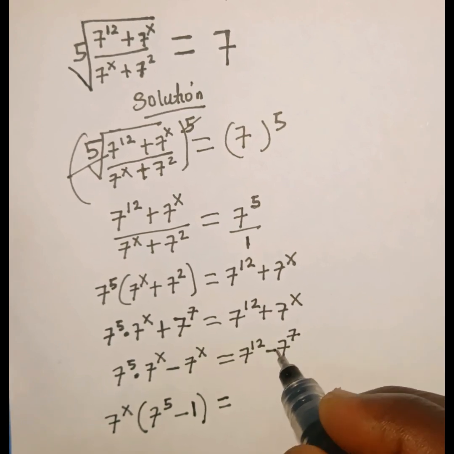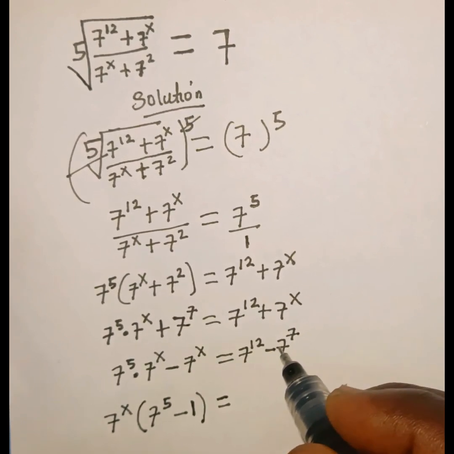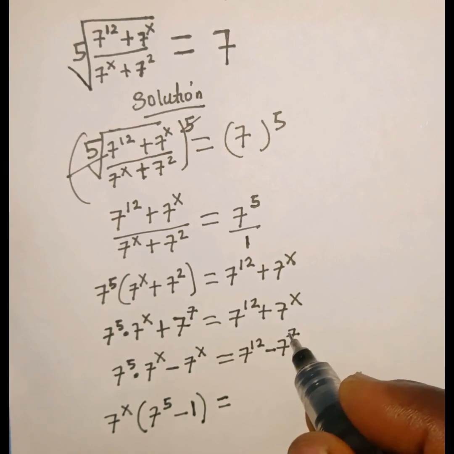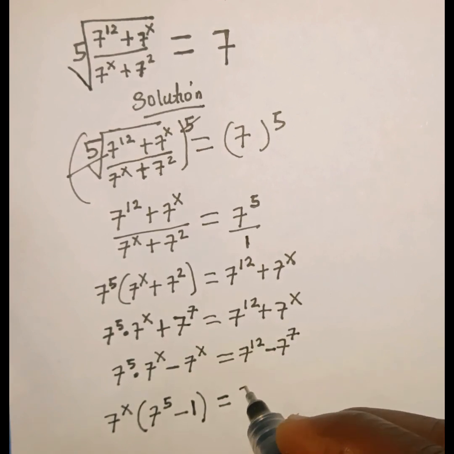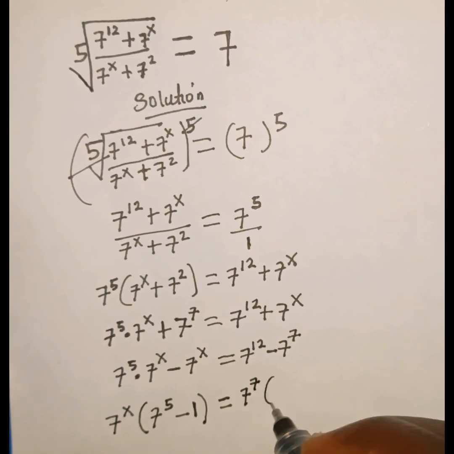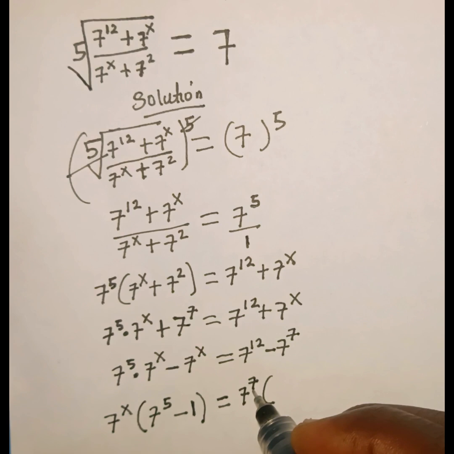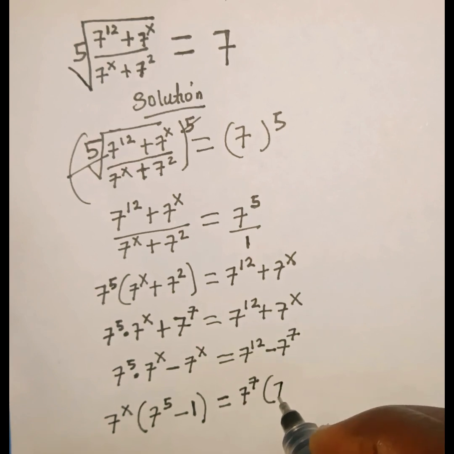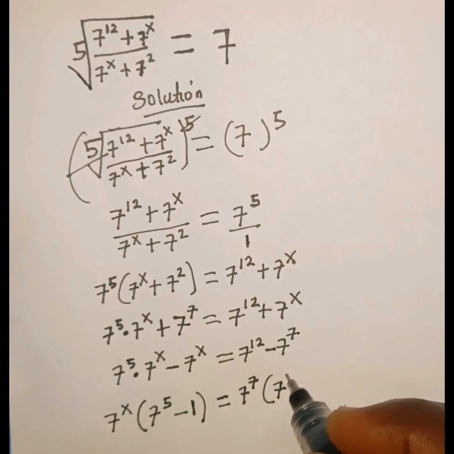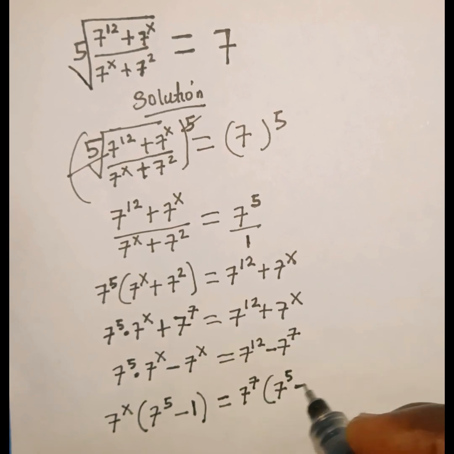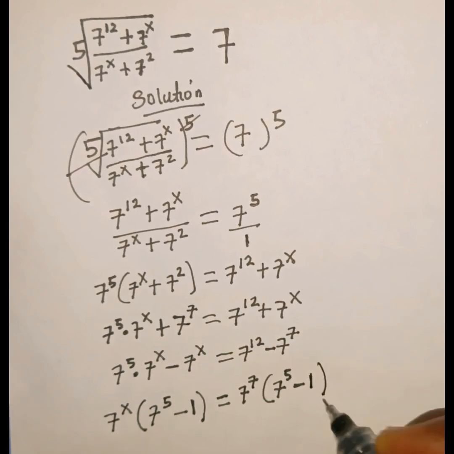Since the bases are the same, the one that is least, 7 to the power of 7, we are going to factor out, because this can go into this. So we factor out 7 raised to the power of 7, and 7 raised to the power of 12 divided by 7 raised to the power of 7. We just subtract the powers. So it's going to be 7 raised to the power of 5 minus 7 to the power of 7 divided by 7 to the power of 7, which is going to be 1.